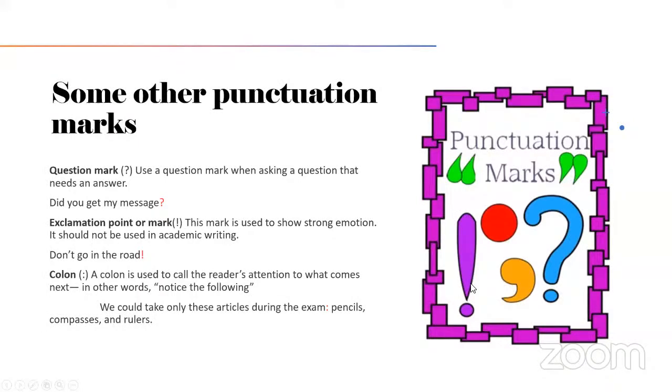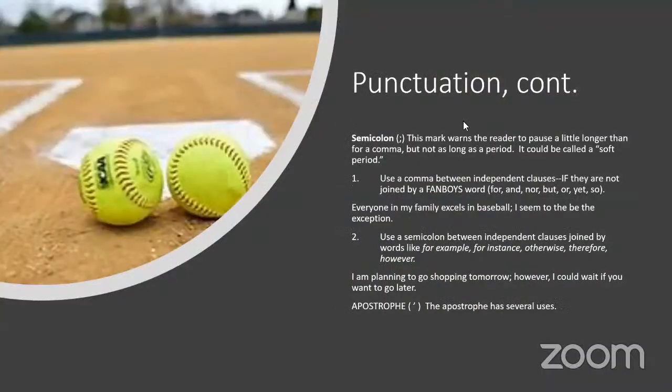We stopped in this part, and punctuation is, well, we're going to talk about the semicolon. This mark wants the reader to pause a little longer than for a comma, but not as long as for a period. It could be called a soft period.